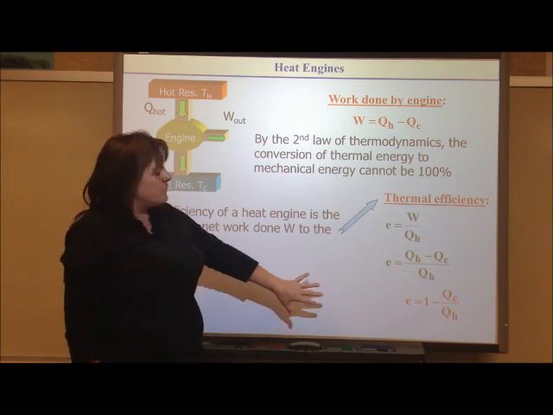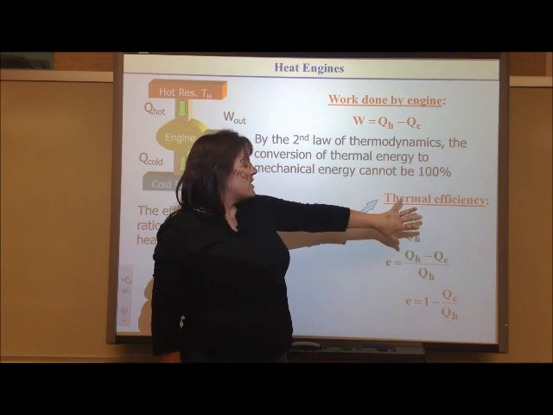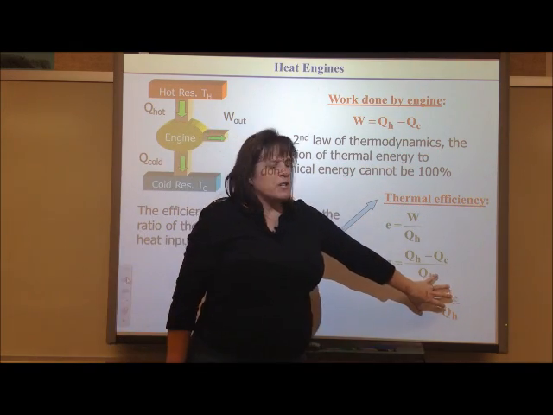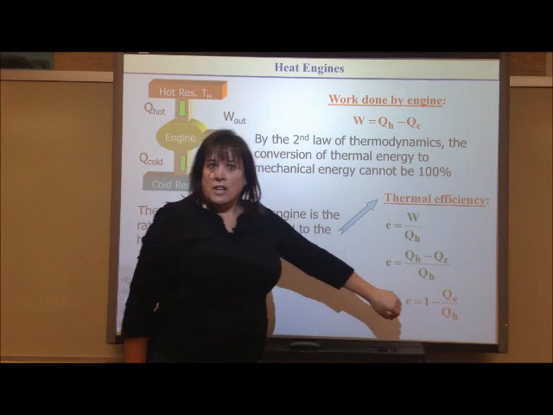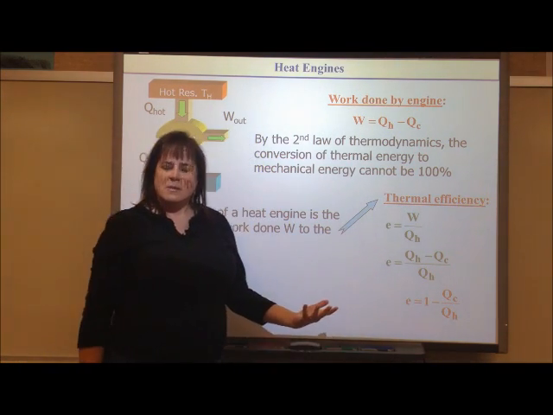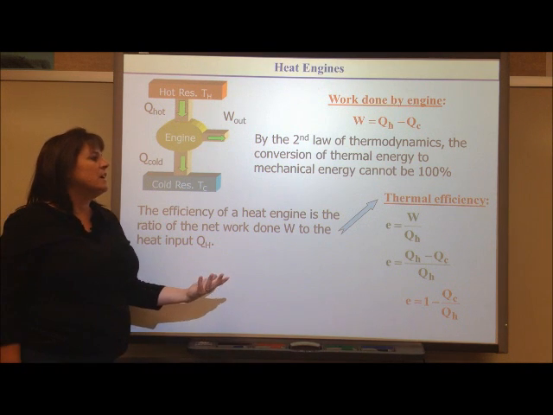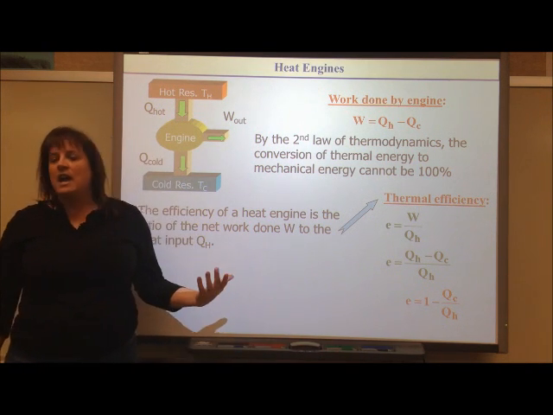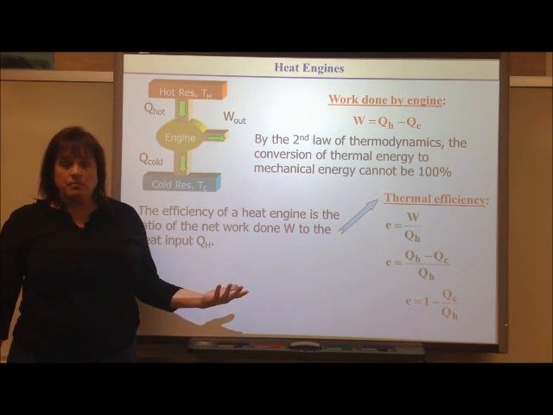I usually calculate efficiency the first way, but you'll see this is useful when we're looking at maximum efficiencies. Efficiency you can report as a decimal, or you can multiply that by 100 and report it as a percentage.